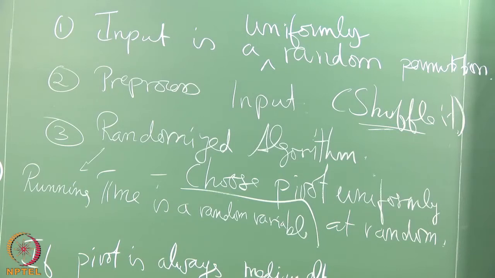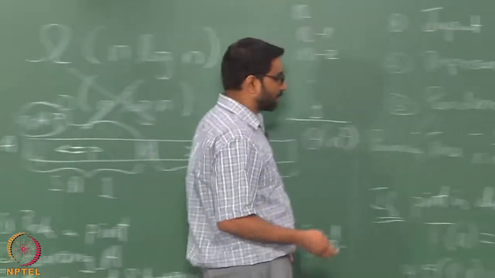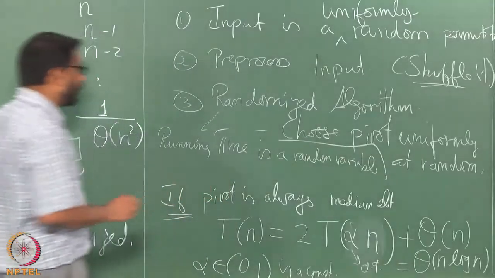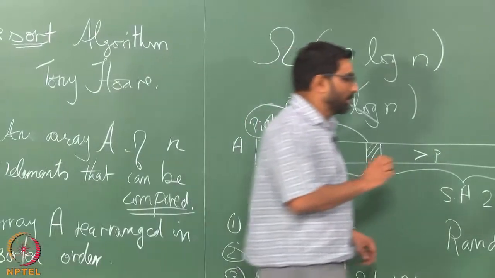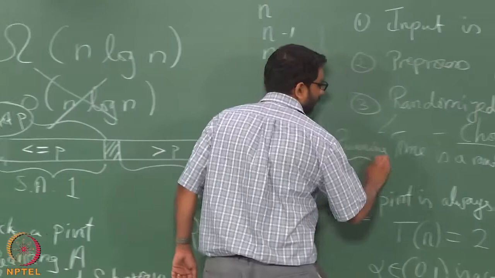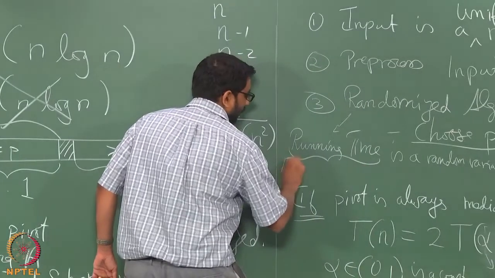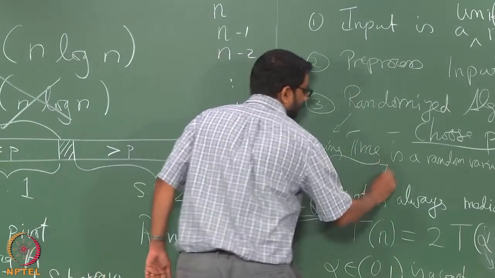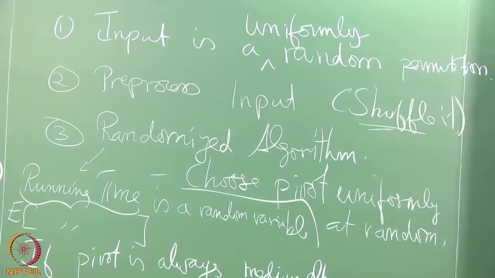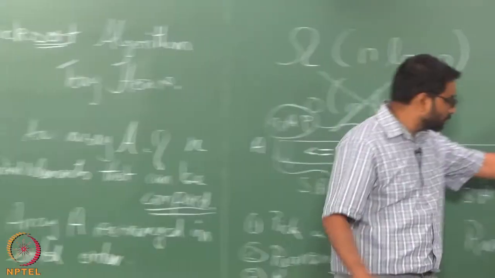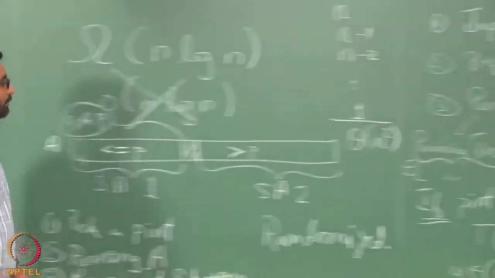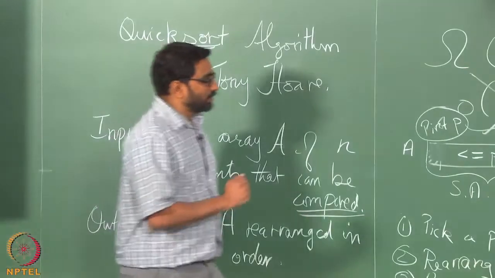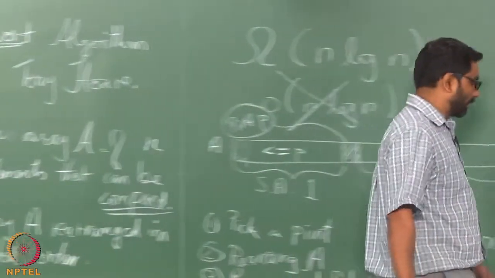So you cannot really give a direct bound on the running time, but rather what we're going to focus on is the expectation of this running time. We're going to give a bound not on the running time directly, but on the expectation of the running time. Okay. So let's see how we can arrive at that.